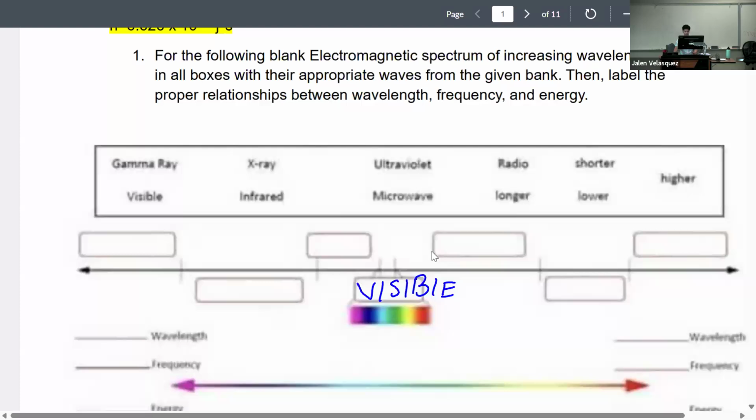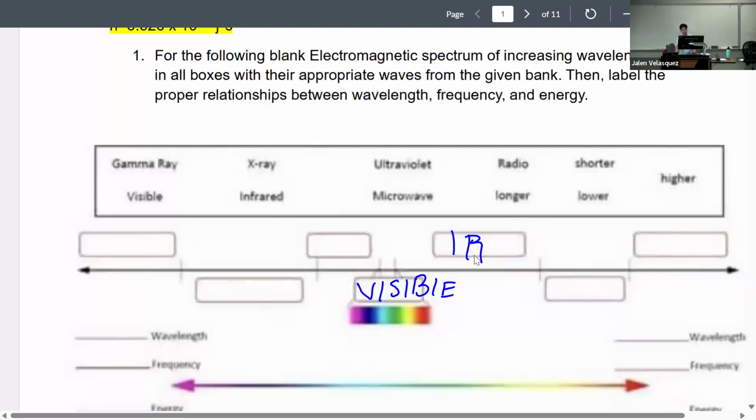So now let's go towards the right. So what type of radiation is right next to visible, and notice it's increasing wavelength. So what has longer wavelength? Good, this is going to be infrared. So IR. Okay, you guys have probably heard of infrared. That's like what's used in the night vision goggles that military and those people use.